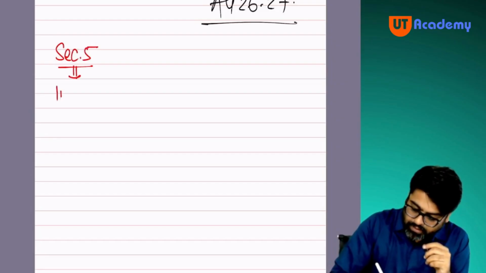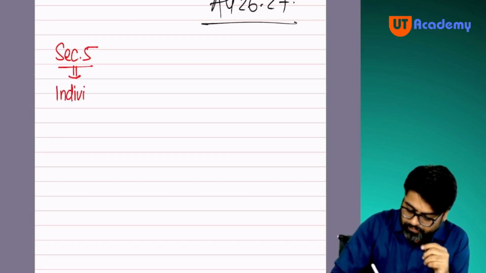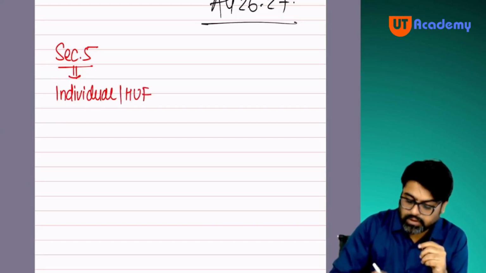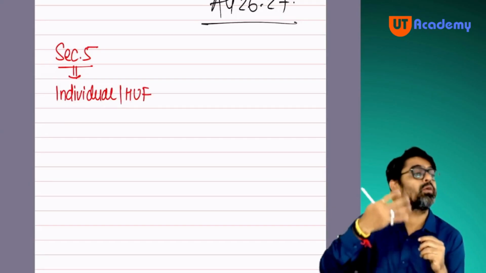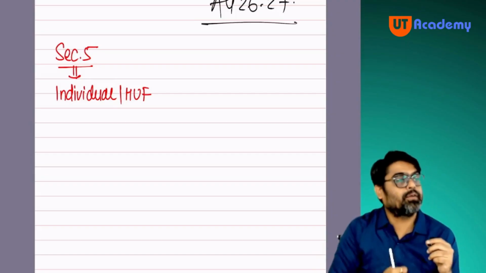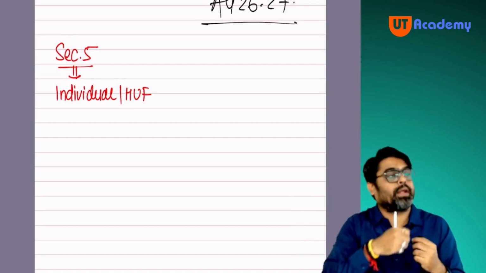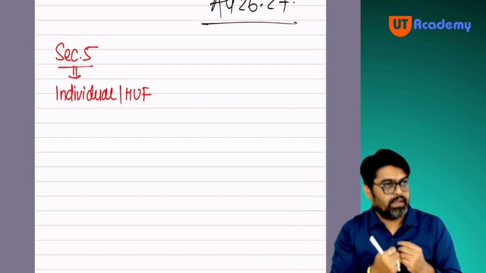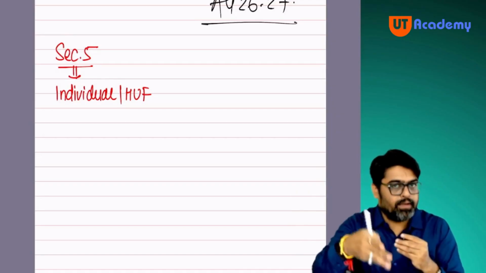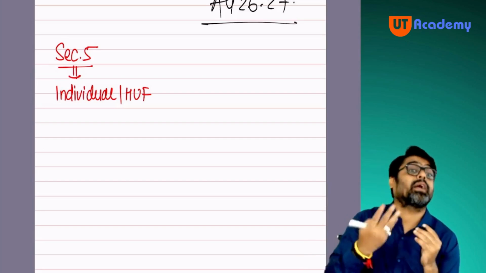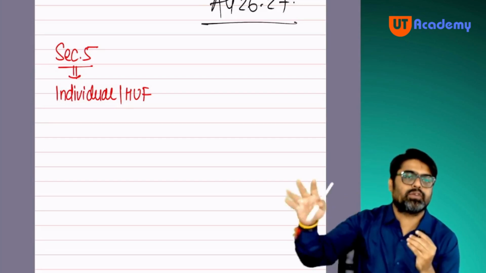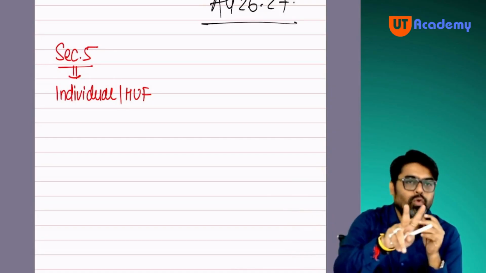in case of an individual or HUF, section 5 is saying that if you are calculating the total income of an individual or HUF, which taxable income you will take and which you will forget depends on two things.